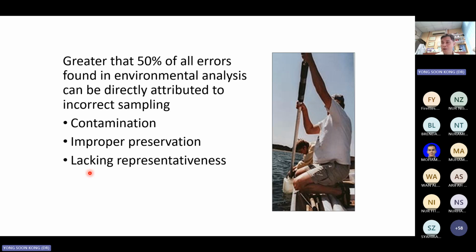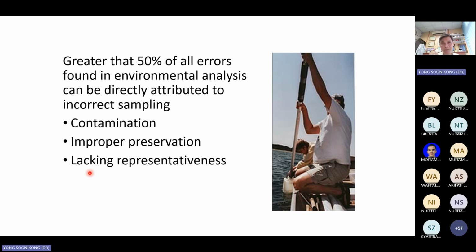Like, for example, now that you want to go to Sungai Tua, the river is very long. So how many samples and how is the distribution of the locations of the samples that you want to collect and also represent the condition of the entire river?